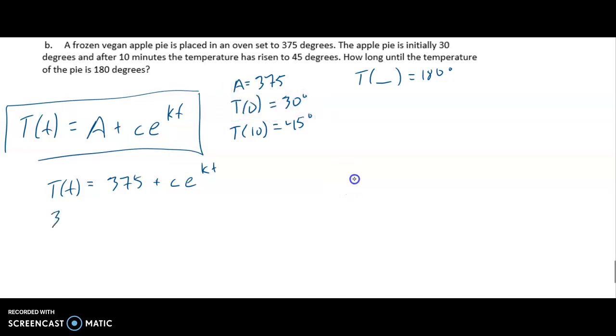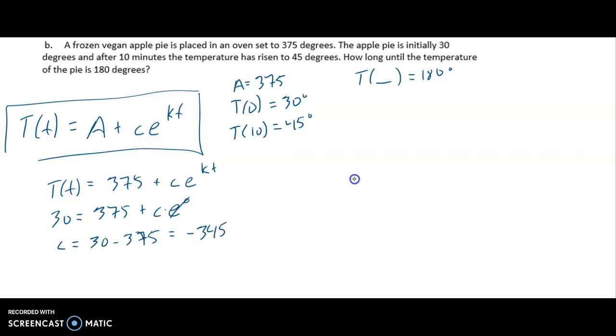So 30 degrees is equal to 375 plus C times e to the 0 times k, which just gives me 0. And notice that e to the 0 gives me 1, so it's gone. So I can subtract 375 from both sides and get that C is equal to 30 minus 375, which gives me negative 345.